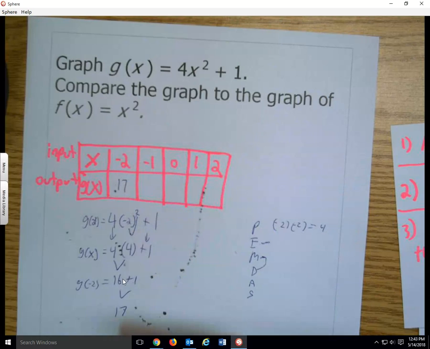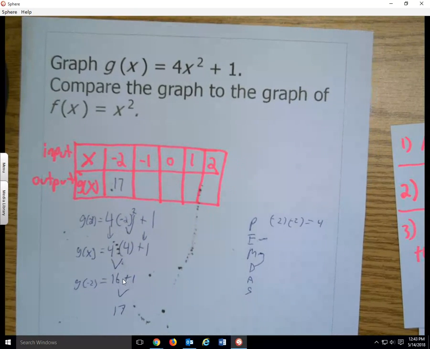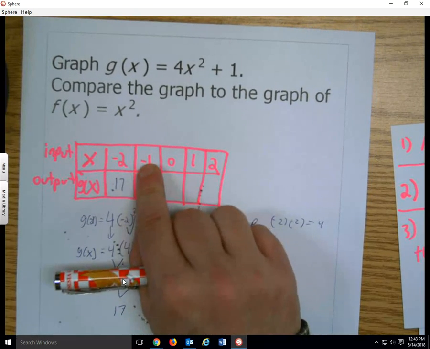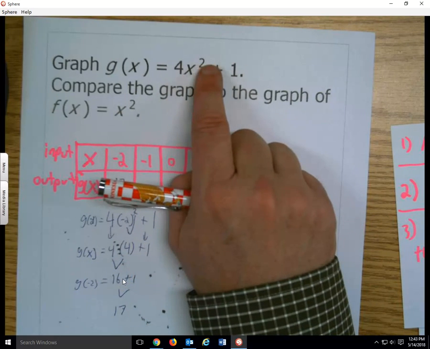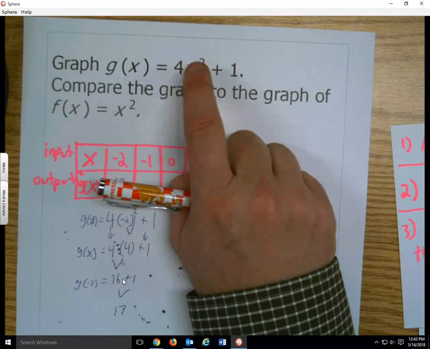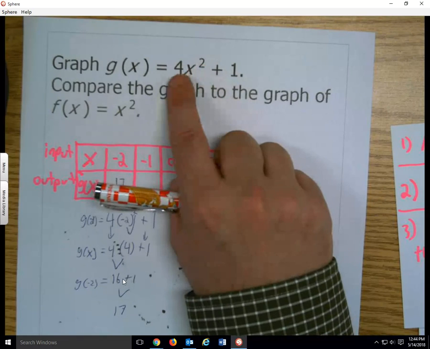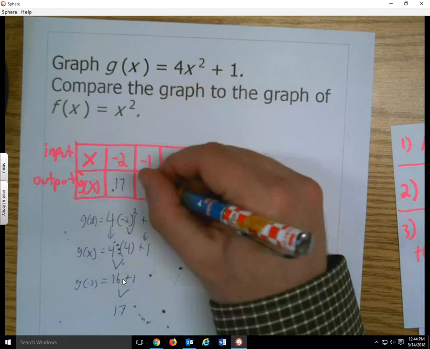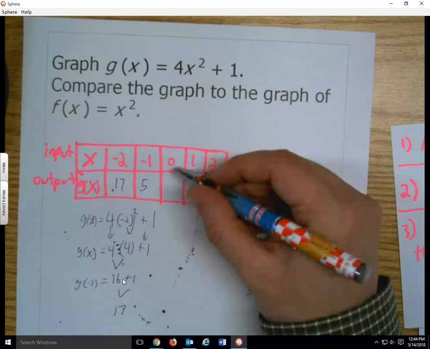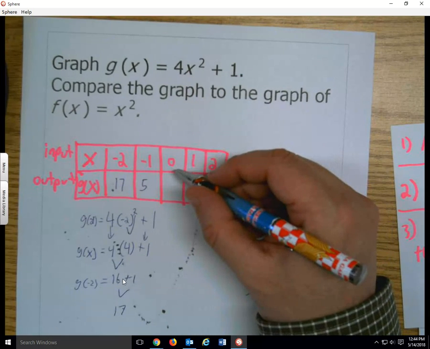Okay, so we essentially do the same thing with all these numbers. We input a negative 1. Let's see if we can do it in our head. A negative 1 squared is a negative 1 times a negative 1, which is a positive 1. Then you multiply: 1 times 4 is 4. Then you add: 4 plus 1 is 5. If you input a 0, what do you have?